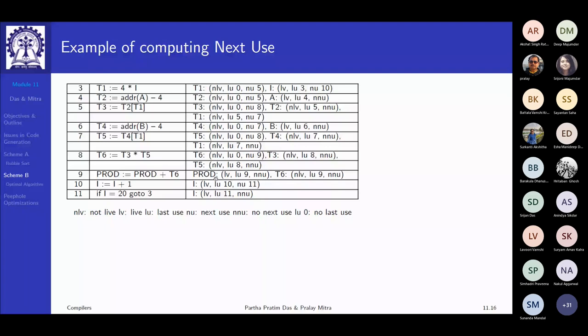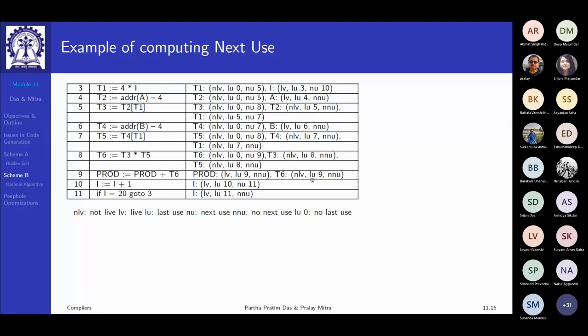Remember that. As I go backwards, I have T3, T5 coming in, which did not appear in the current list. So T3 has no next use, T5 has no next use, whereas T6 appears here, which has a last use in 9, LU9.